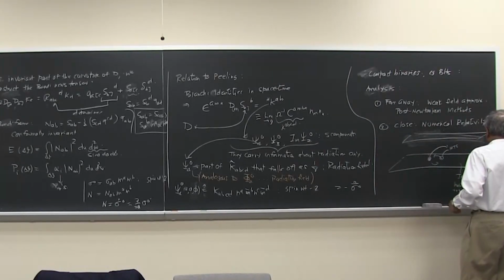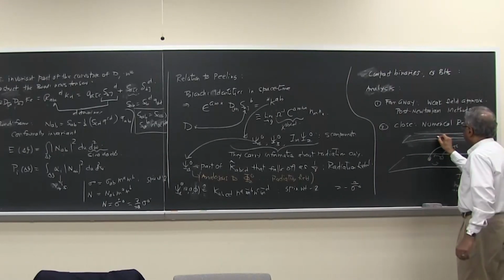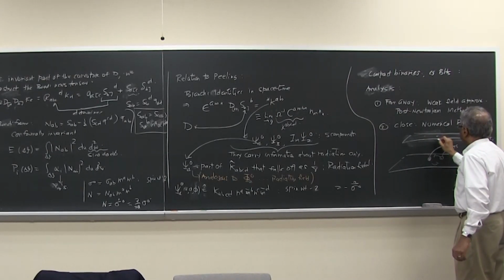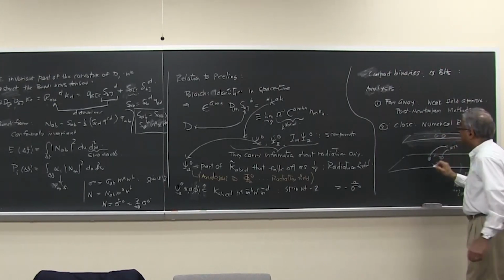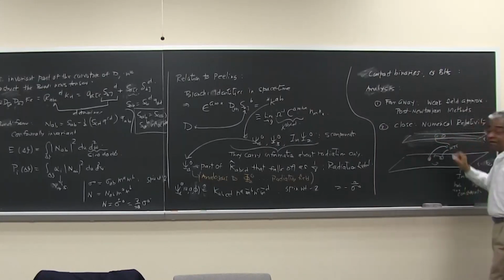So at t equal to t0 and at a later instant, t equal to t1, I have these two objects with little marginally trapped surfaces around each of them. But the important thing is that there is a common marginally trapped surface that develops. That is when the black holes are merged, when the common one develops up here.